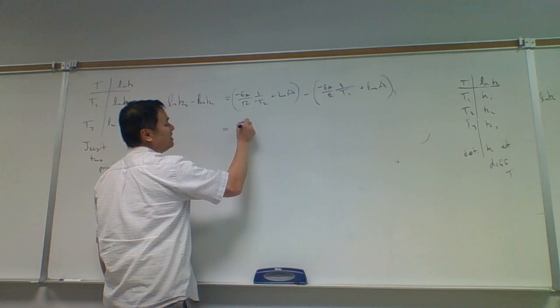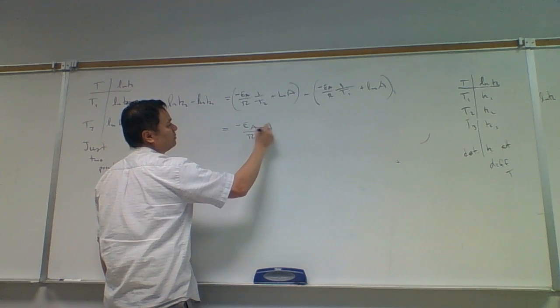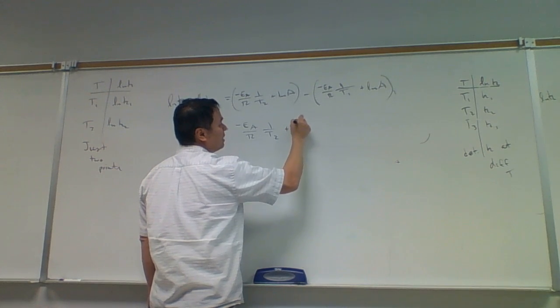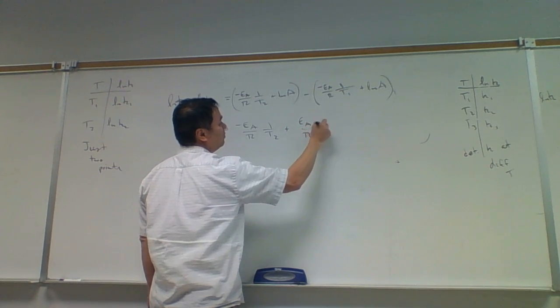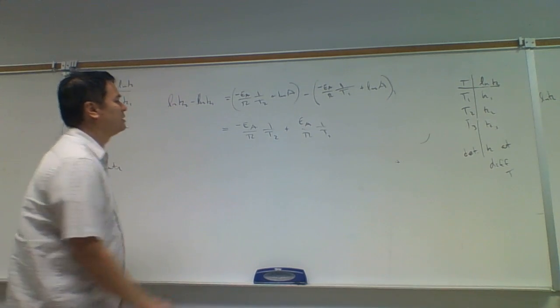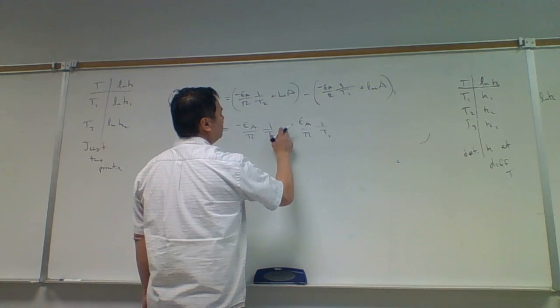We're left with minus Ea over R, 1 over T2, minus a minus, which gives us a plus Ea over R, 1 over T1.